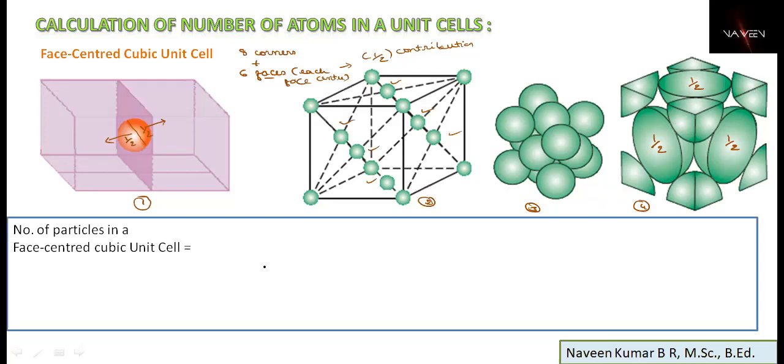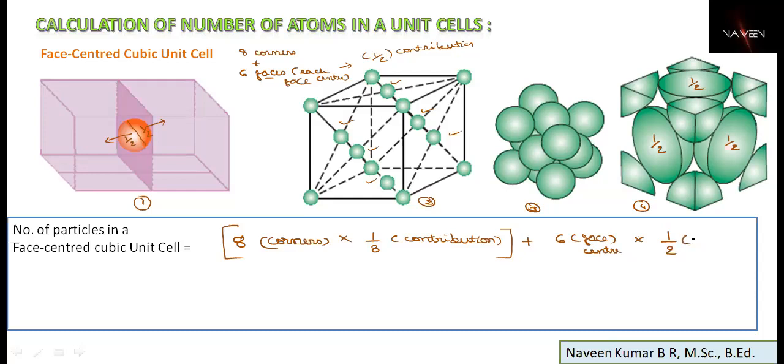It will be 3. Now for the calculation part: we know that there are 8 corners in a unit cell, and the contribution factor for a corner particle is 1 by 8. Along with the corner particles in the face-centered unit cell, for each of the 6 faces of the cubic unit cell there is a face center particle, and its contribution per unit cell is 1 by 2.